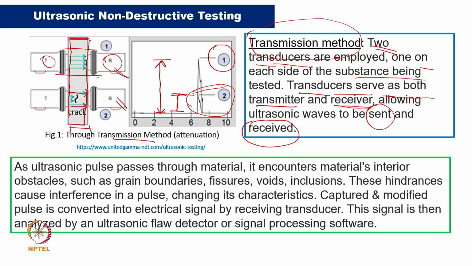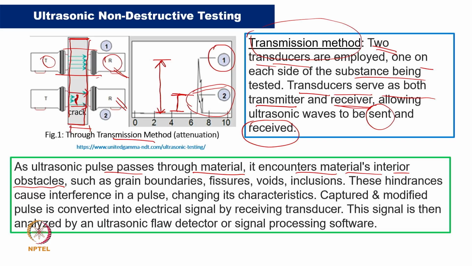So, now if I really explain this method, we say the ultrasonic pulse passes through the material, it encounters an interior obstacle, as has been shown using this color and then the black color in this flaw here.